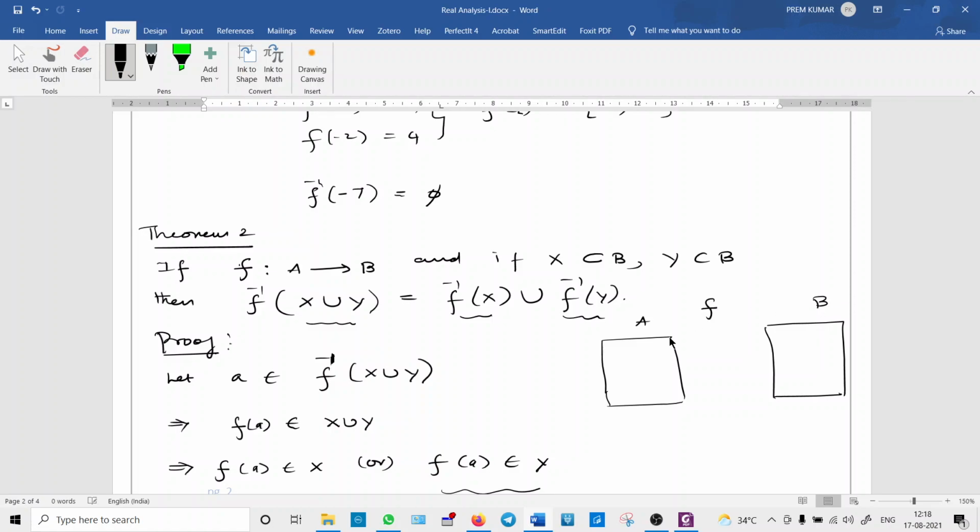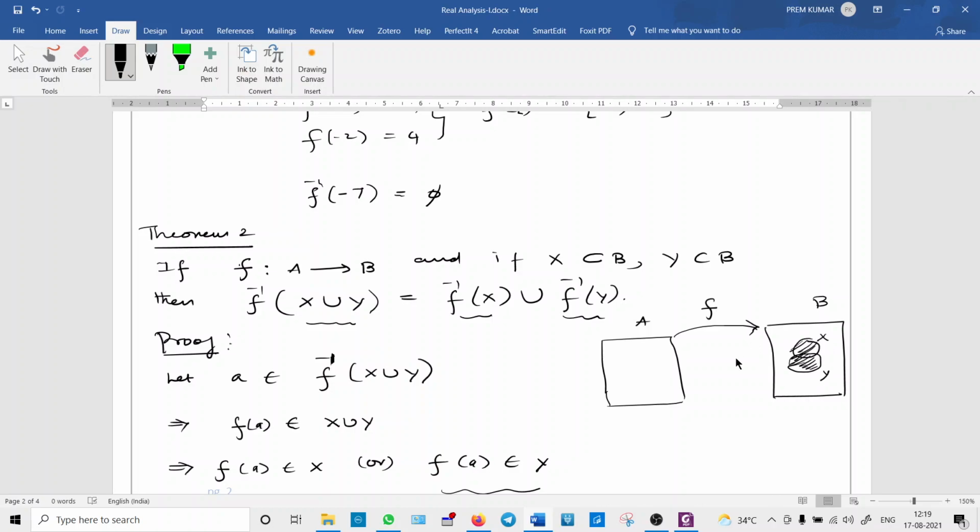Our function is mapping from here to here, and what else is given? X is a subset of B, something like this, and Y is also a subset of B. Maybe they intersect. We think that they intersect. So what is X union Y? This is X union Y.